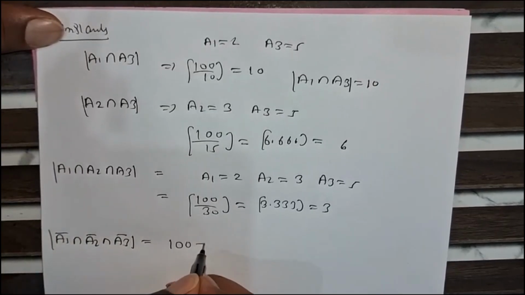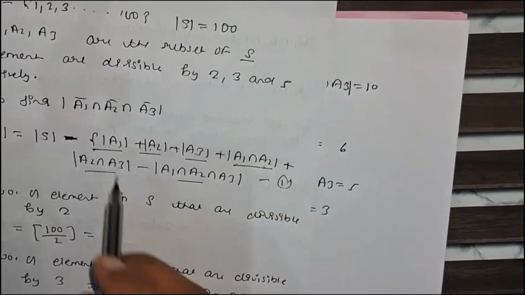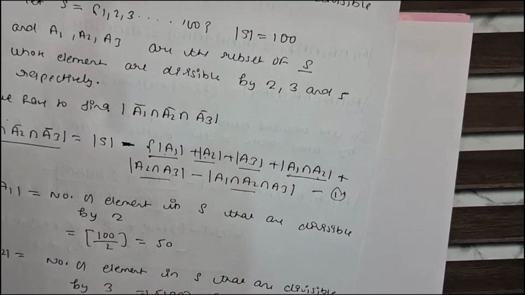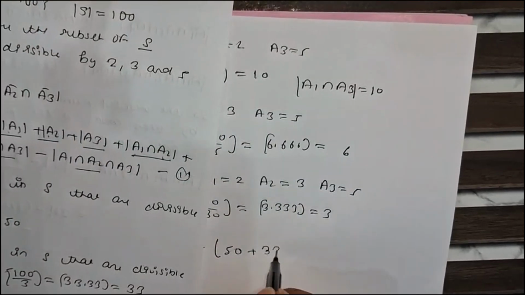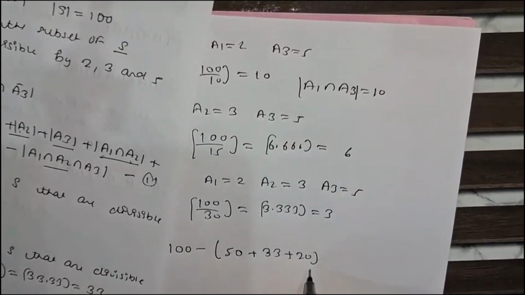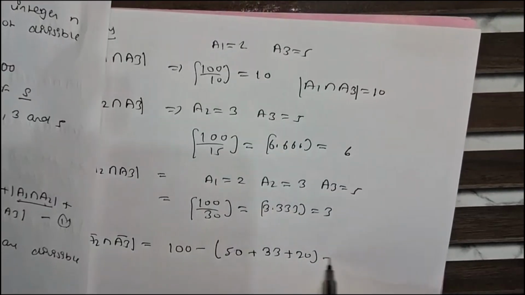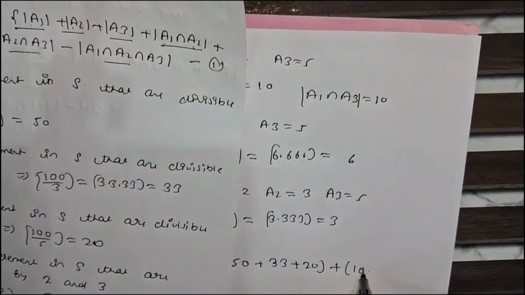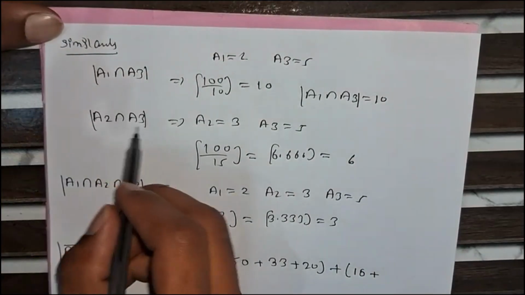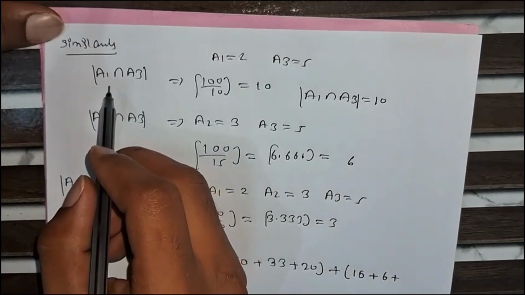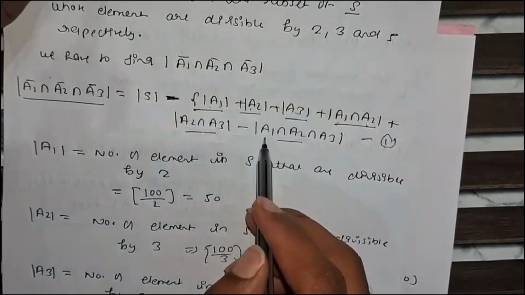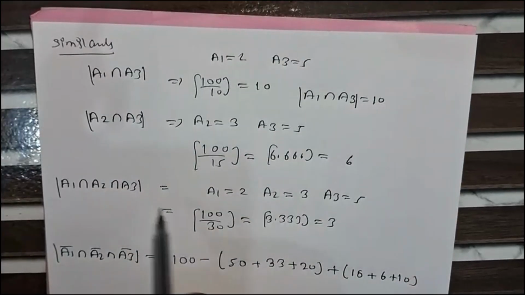So 100 minus, the value of A1 is 50, plus the value of A2 is 33, plus the value of A3 is 20, plus A1 intersection A2 is 16, plus A2 intersection A3 is 6, plus A1 intersection A3 is 10, and minus A1 intersection A2 intersection A3, which we found to be 3.